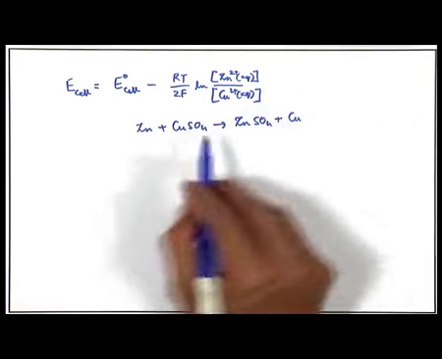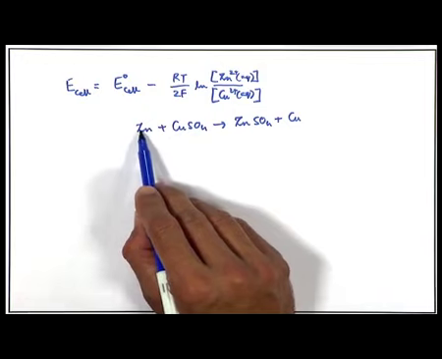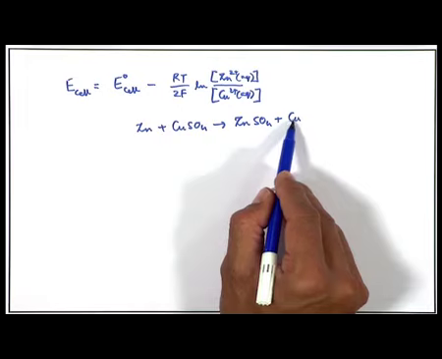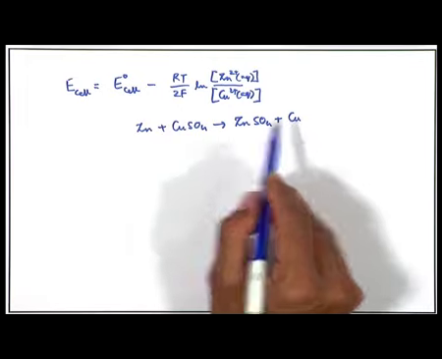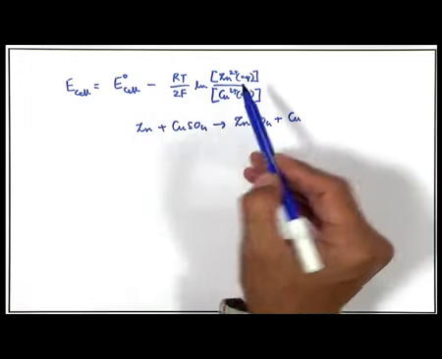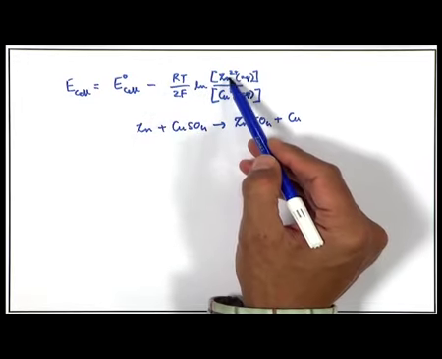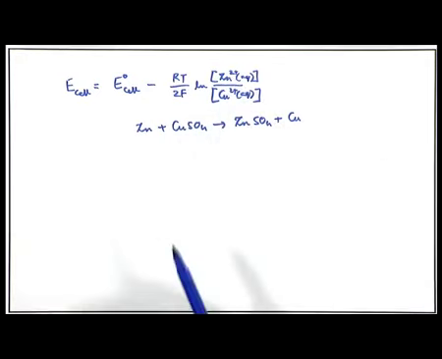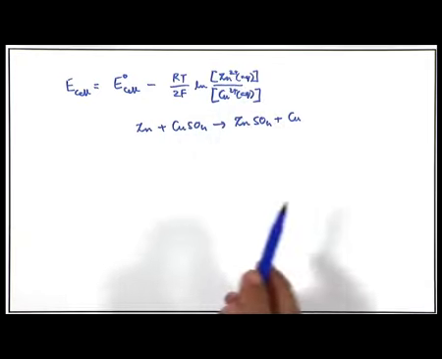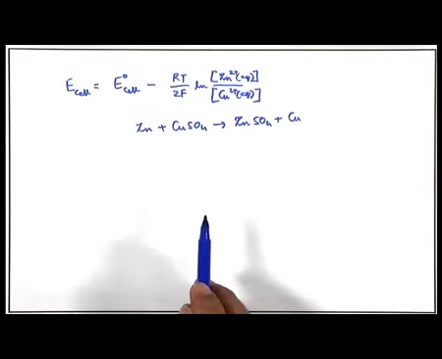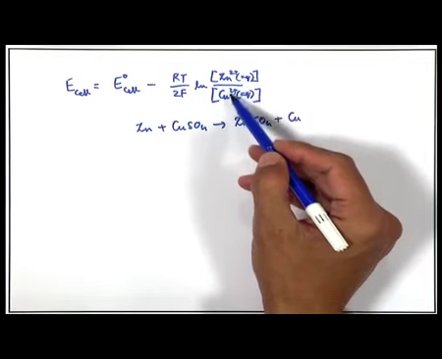Since these are pure states of aggregation, their corresponding activity or concentration value can be taken to be unity. So, you see that E cell depends on temperature and also on the ratio of the concentrations of the electroactive species, the ion against which the electrode is reversible.